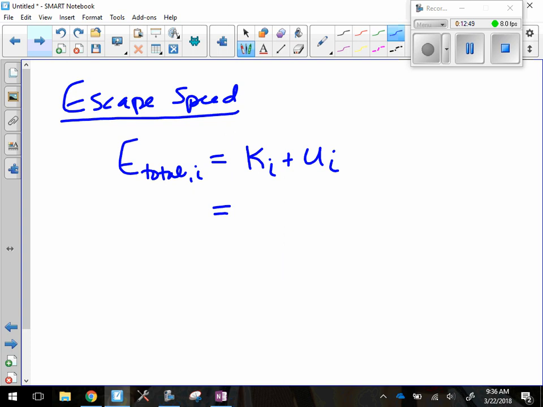And what's my expression for kinetic energy? Always. And my expression for the gravitational potential energy is negative G M m over r squared. Oh no, I'm sorry, over r. See, I made the mistake. Okay, whatever that r happens to be.